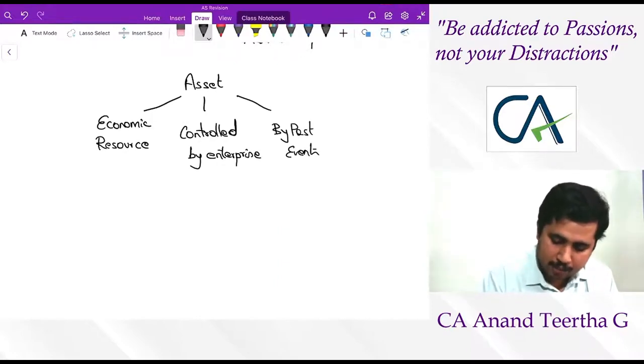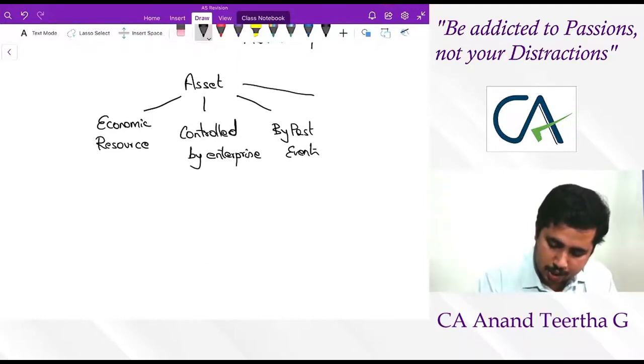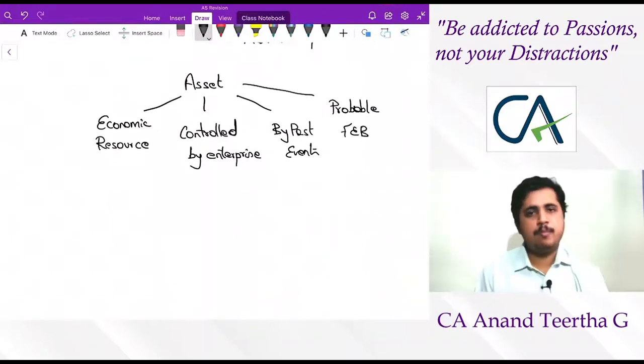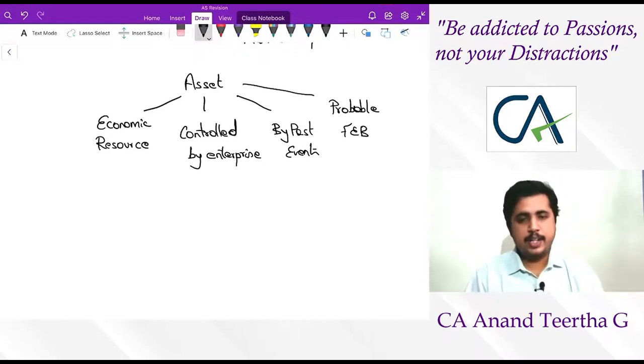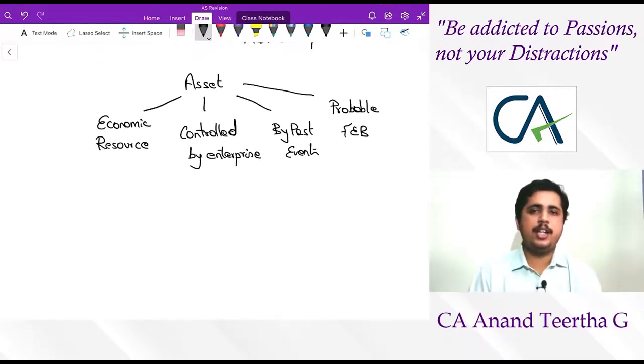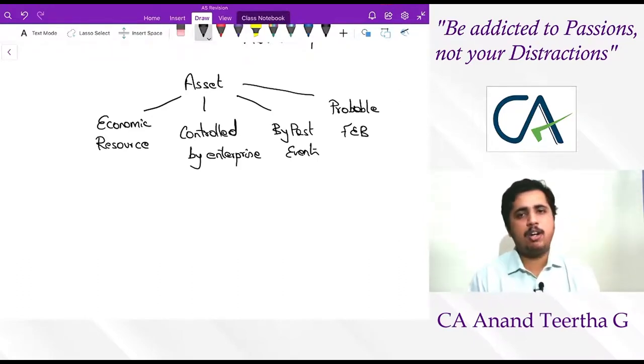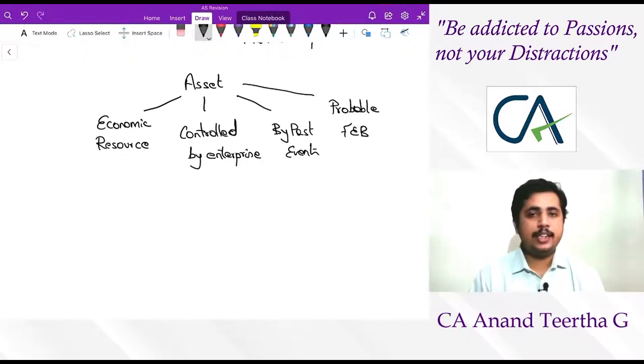What should happen from this resource? There should be probable future economic benefit. So this will be called an asset: it's a resource, it is controlled by the enterprise by past events, and future economic benefit is expected from this particular resource. That will be called an asset. So for an intangible asset, first it should be an asset.